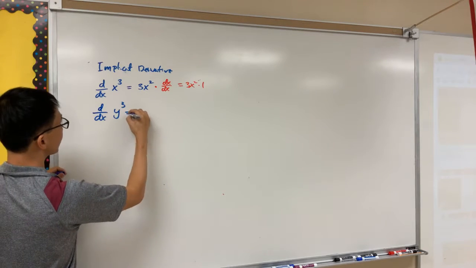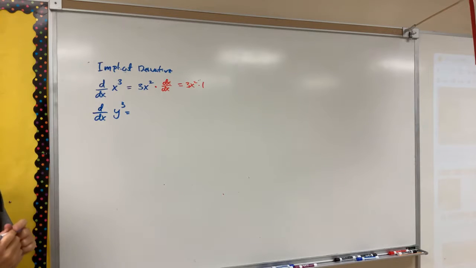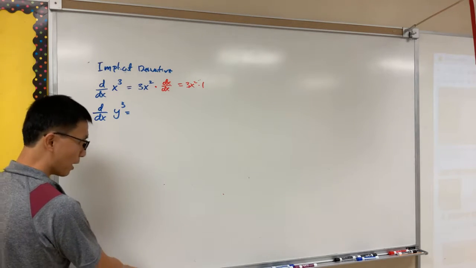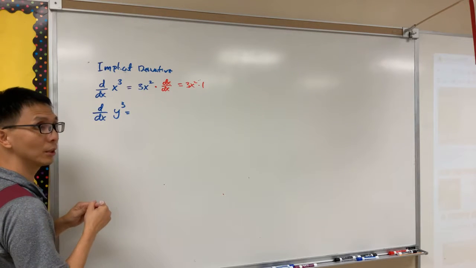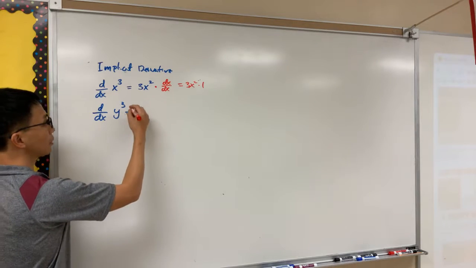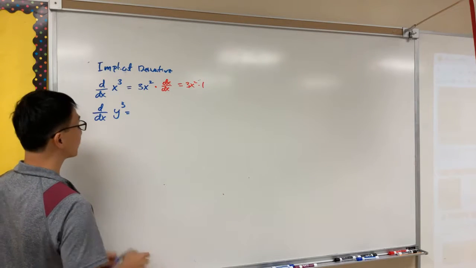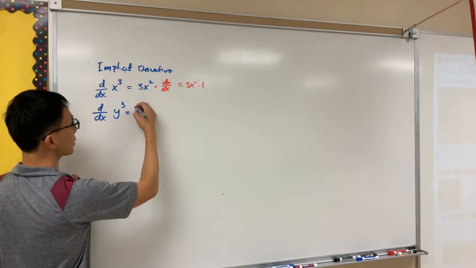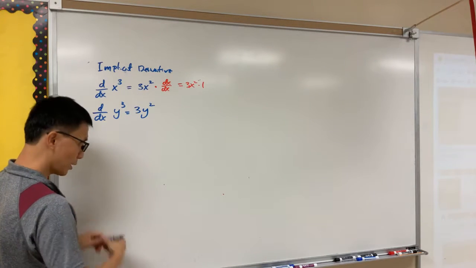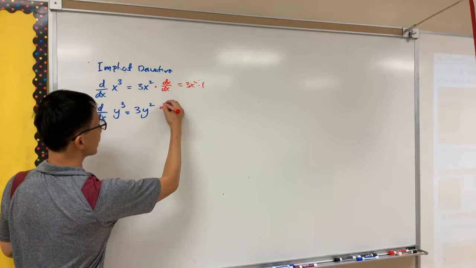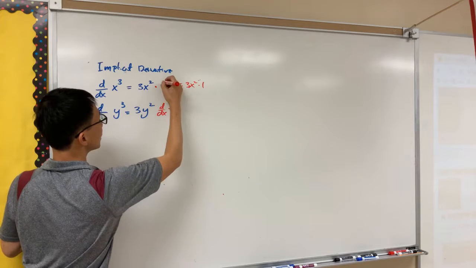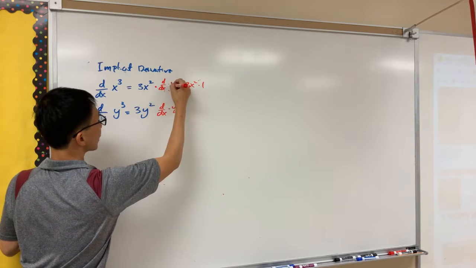y to the third. Now this one's a little bit different. If I'm trying to take a derivative of y cubed, then I'm going to get 3y squared, that was the power rule, right? And then we're going to take d/dx of y. In the previous case, it was d/dx of x.